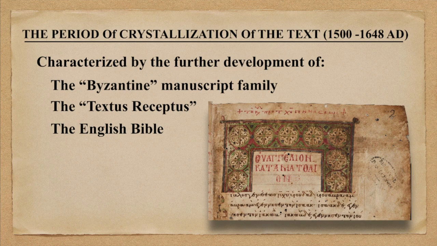One of the most significant developments in this period is that of the English Bible and the Textus Receptus. The following is probably the best way to trace exactly how the English Bible came into existence and how it relates to the standardized text that had been accepted for the previous millennium.